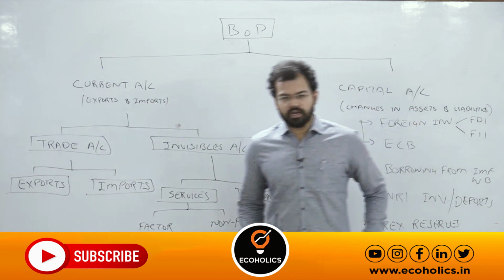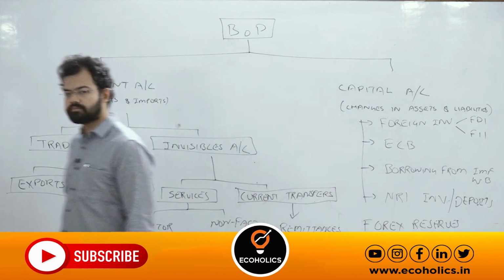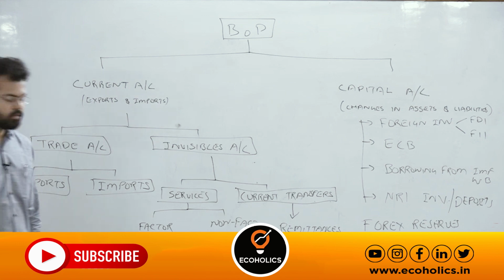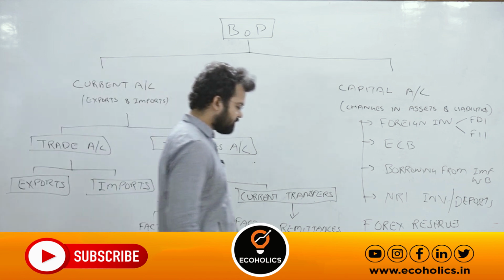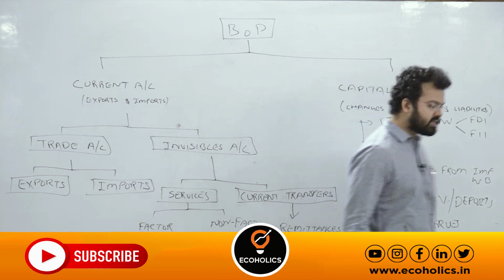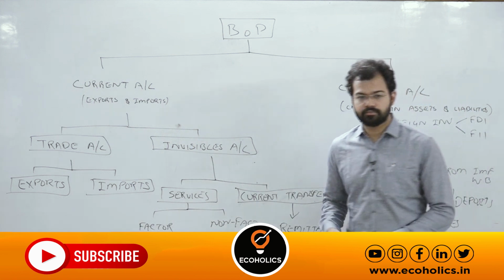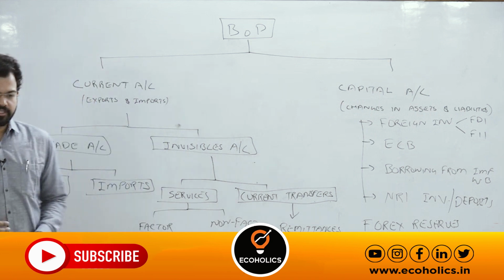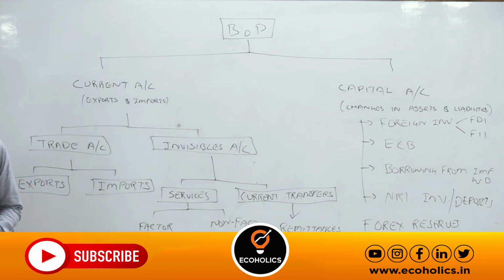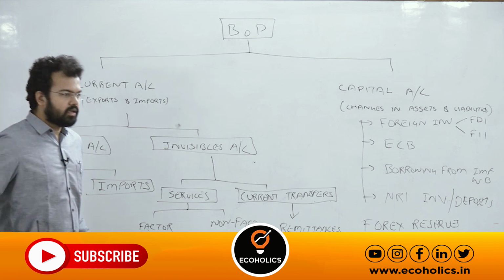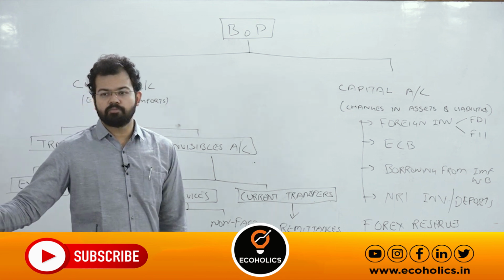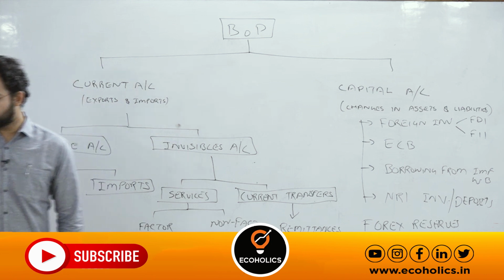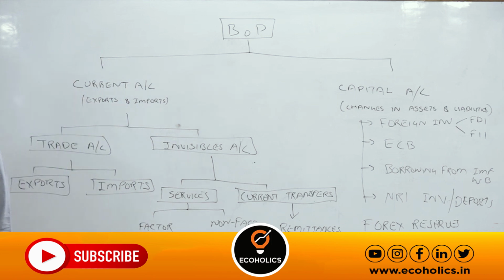Third one is your current account deficit. Fourth one is your debt servicing ratio. Leave 2 lines after that. And the last one is your composition of capital receipts.